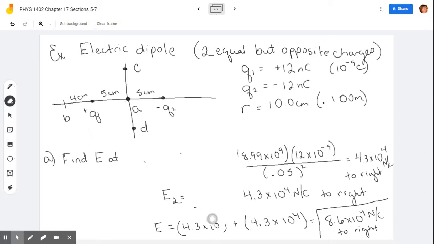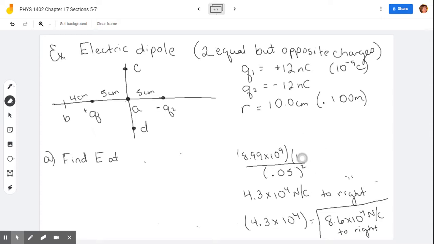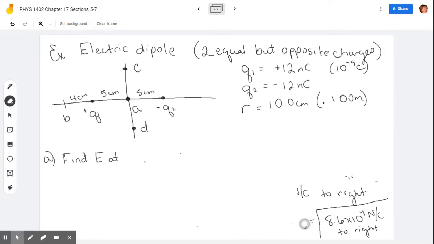In fact, let's find it at B. Get this all cleaned up.